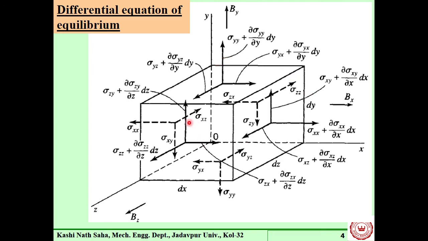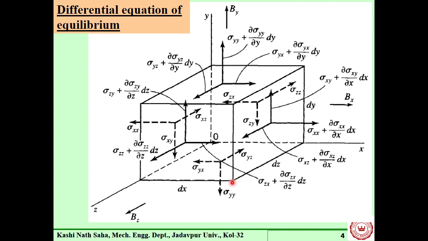For these planes we have three stress components, sigma xx, sigma xy, sigma xz: a normal stress and two shear stresses. Perpendicular to y at the bottom face, we have the stress components sigma yy, yx, yz. That much is clear. But what about the plane perpendicular to x passing through x equal to delta x?